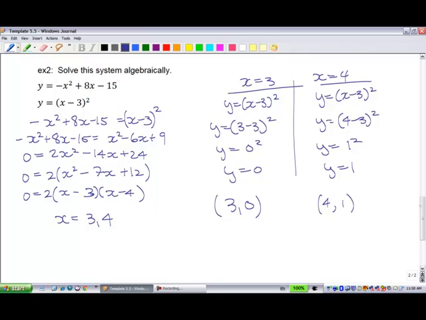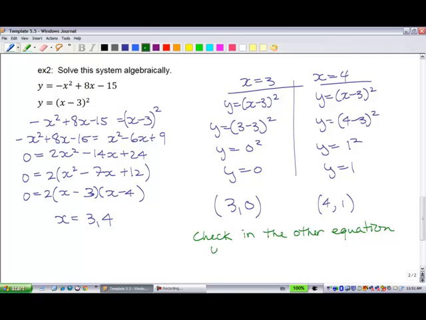If you want to really be precise here, I'm going to put this in green just to show you. That's not overly necessary, but you can do this if you really want to check your answers. You're going to plug these values in. Let me just do it for the 4, 1. Check in the other equation. What I used is y equals x minus 3 squared.